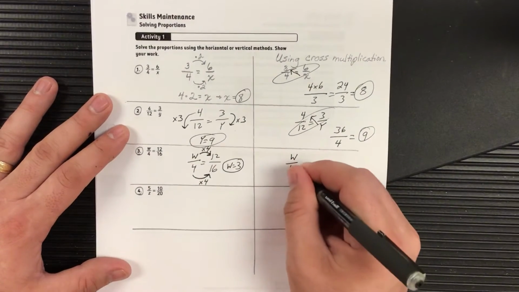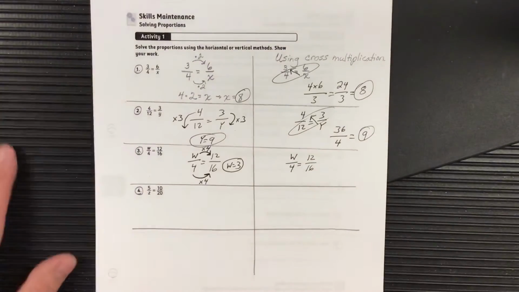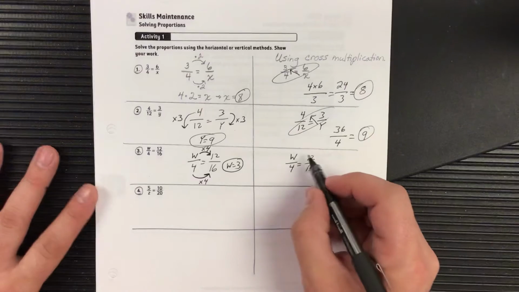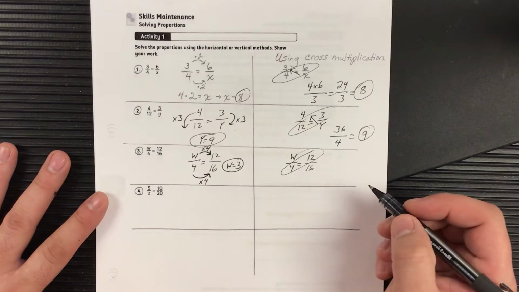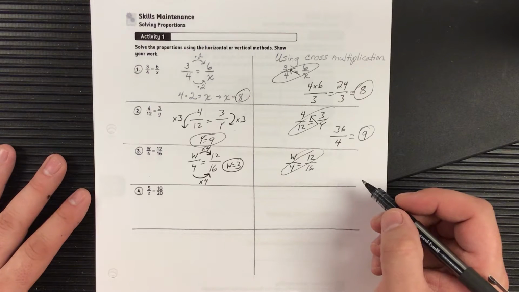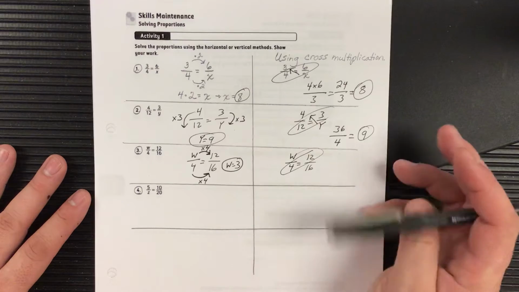Cross multiplying method. Again, I'm looking for two numbers diagonal from each other. Which numbers are diagonal? 4 and 4. And do you know 4 times 12? 48.